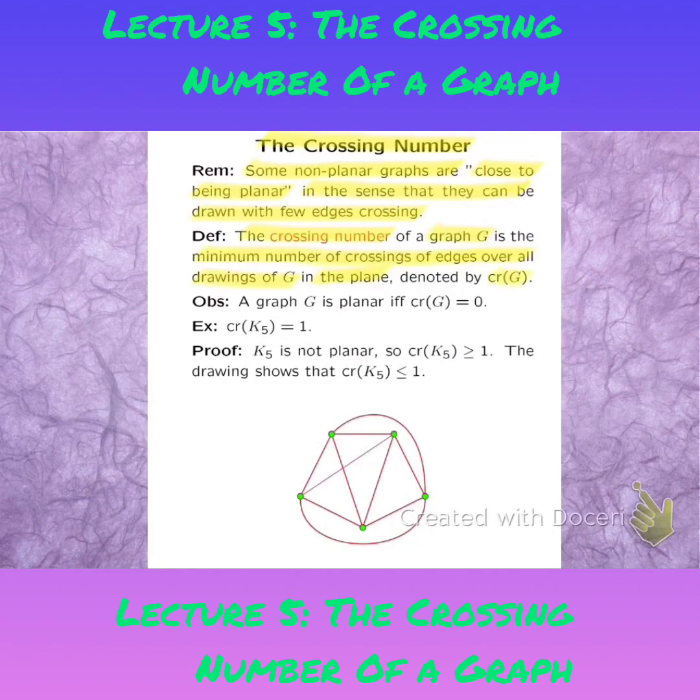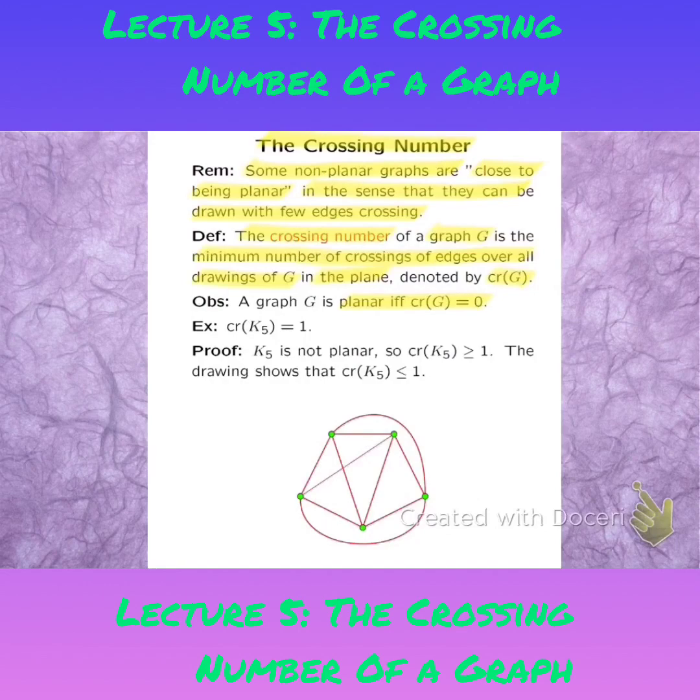And it's denoted by this parameter here. So CR of G counts the smallest number of crossings. So now if a graph is planar, obviously that means the crossing number is going to be 0, because amongst all the drawings of the graph G, you're going to find a drawing with 0 crossings. Okay, so CR measures that value.